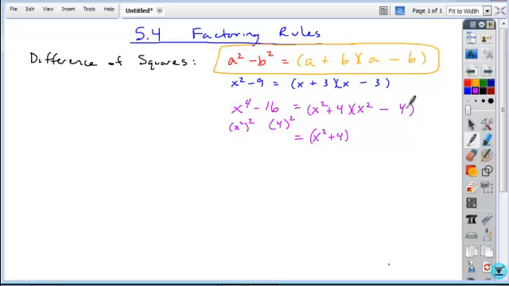But the x squared minus 4, the difference of squares, fits this same pattern once again. So it factors into the sum and difference of the terms being squared. The base you square to get x squared was x, and the base you square to get a 4 is 2. So it factors into the sum and difference of those, and that gives you your overall factored form for that expression.